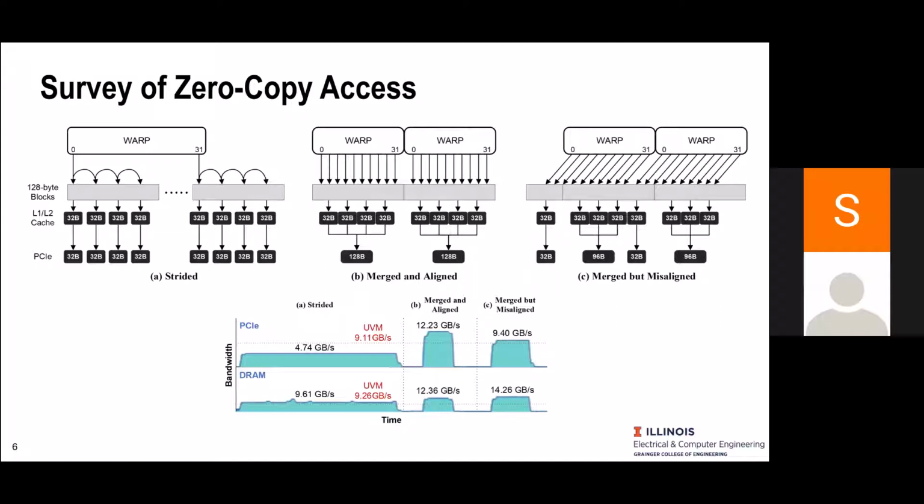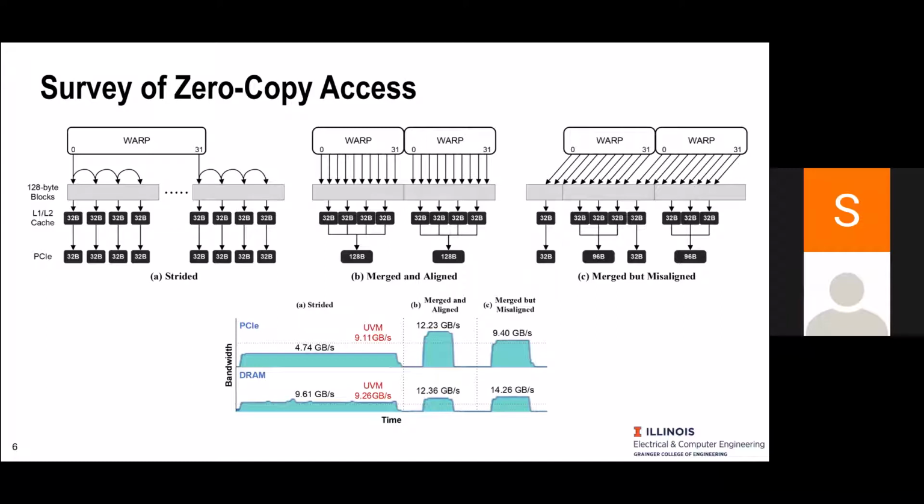But here, one thing to be careful about is that even if your request is contiguous and merged, if it's misaligned to the GPU cache line, which is 128 bytes, data access can still be fragmented. For example, in this case, I intentionally skewed the memory access alignment a bit. Because the two different warps access the contiguous data set, this can still be fragmented to 32 bytes and 96 bytes.